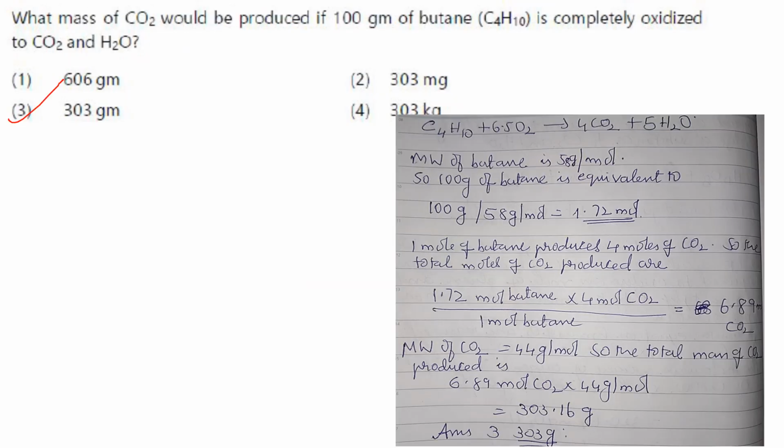Then next one. What mass of carbon dioxide would be produced if 100 grams of butane is completely oxidized to carbon dioxide and water? So butane, C4H10 + 6.5 O2 giving 4 CO2 + 5 H2O is the balanced equation. Molecular weight of butane is 58 grams per mole.